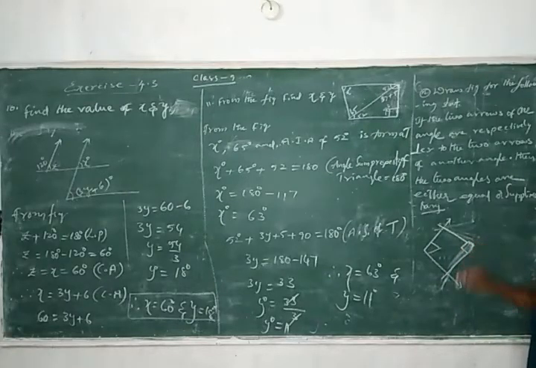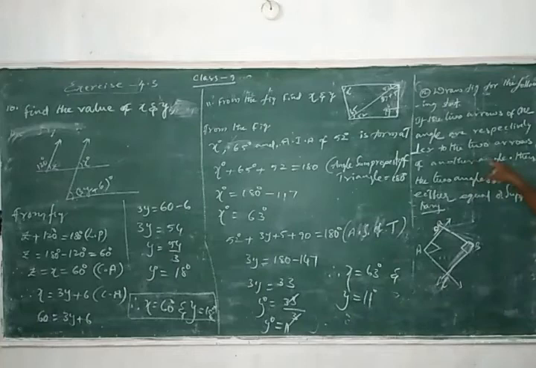This is also 90 degrees. Here it is A and B, whatever you take, and C and D. See here, two arms are perpendicular. This arm is perpendicular, here also perpendicular. One angle is equal to the other angle, I mean, opposite to the other angle.